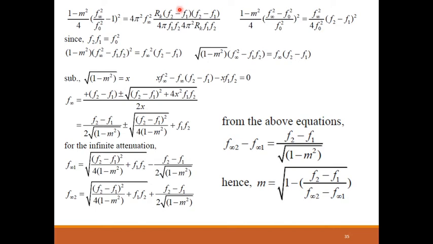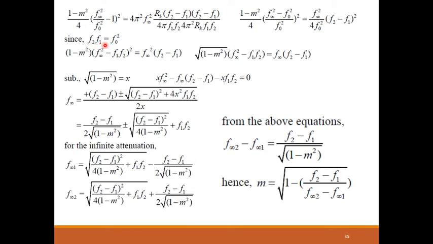Actually here (f2 minus f1) into (f2 plus f1), that is a minus b whole square. Anyhow, here we simplified and finally obtained f square infinite divided by 4 f naught square, then (f2 minus f1) whole square. From this expression you can find out the value of m, that is our requirement.